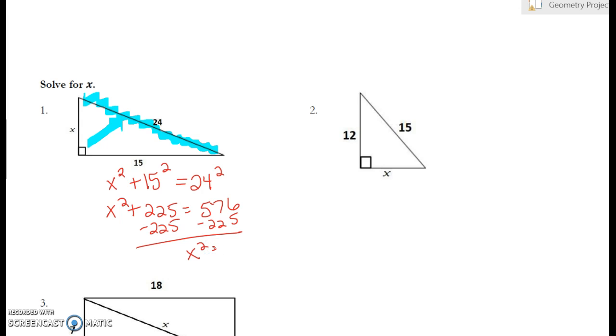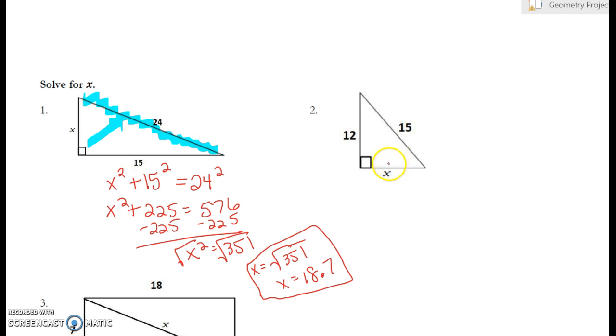And so 576 minus 225 is 351. And to get rid of a square, I square root it. So the answer is the square root of 351. Or if you want to find that decimal, square root of 351 is 18.7. So either of those answers are acceptable.